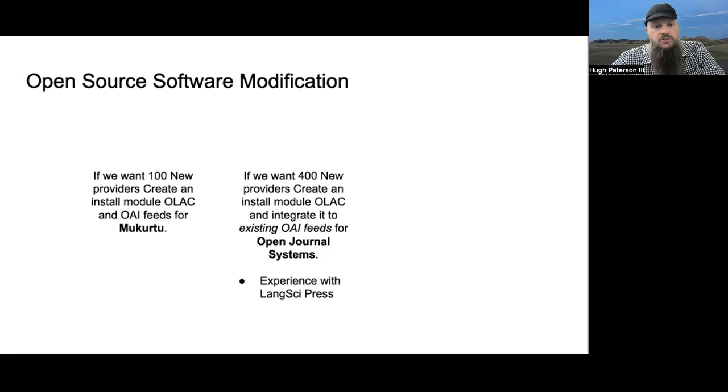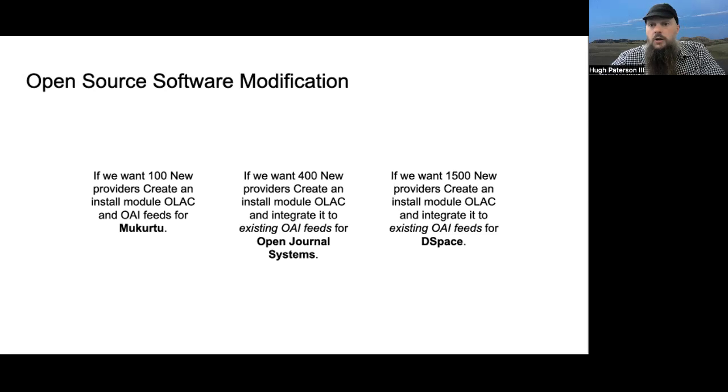Then publishers like Langsci Press could publish their materials directly, an announcement about their materials or an aggregation of their materials directly to the OLAC service aggregator. And I think if we targeted DSpace, we could get an additional 1,500 repositories. So I think that targeting open source software and onboarding through technologists is the way to actually grow our network.